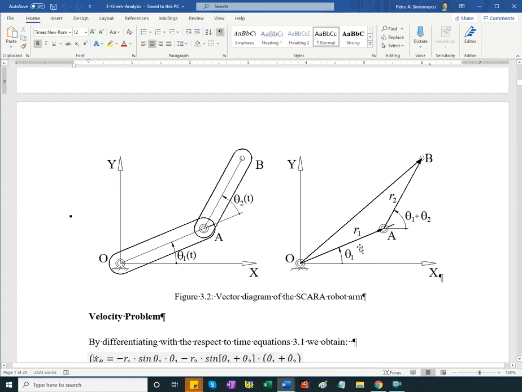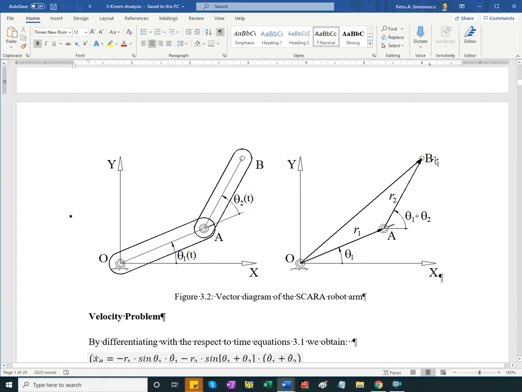The vector loop that's associated with the mechanism looks like so. So go from O to A, from A to B is the same as going from O to B. Origin is at 0, 0. The end of the vector B is nothing but the sum of R1 plus R2, that is OA plus AB.